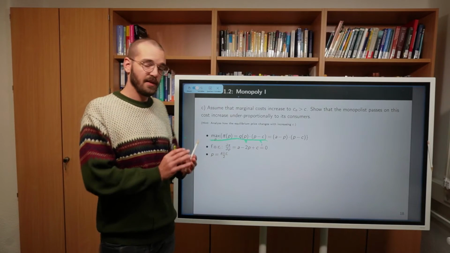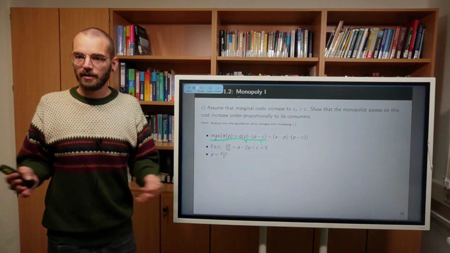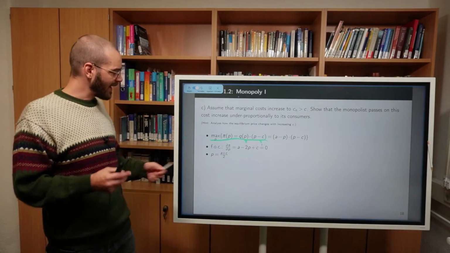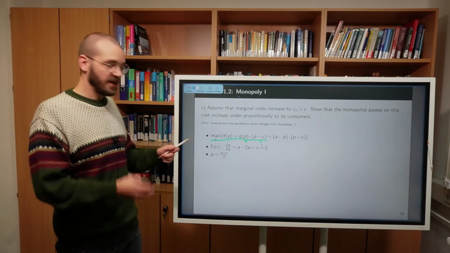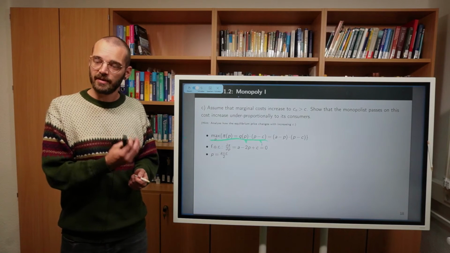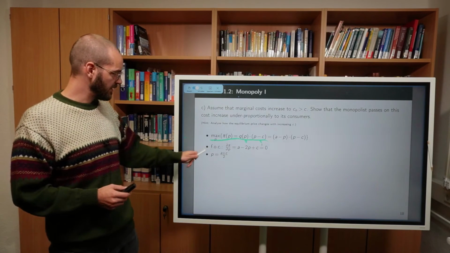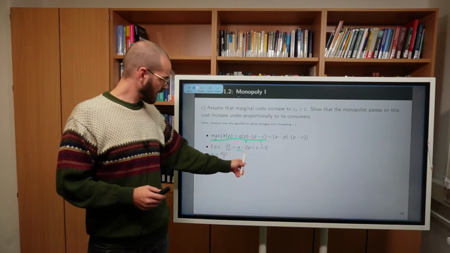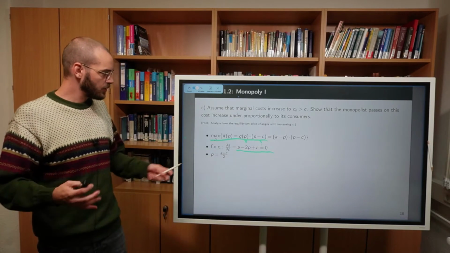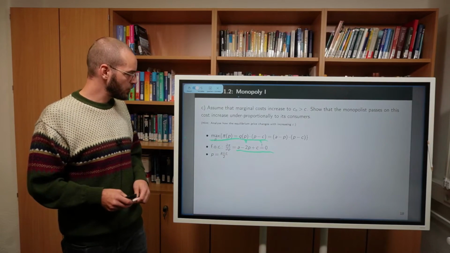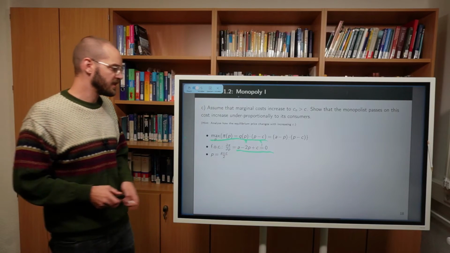And if we then find in this general notation what the profit maximizing price is, we again look at the first order condition of the profit maximum and find out that this expression needs to be equal to 0. So A minus 2 times P plus C needs to equal 0.